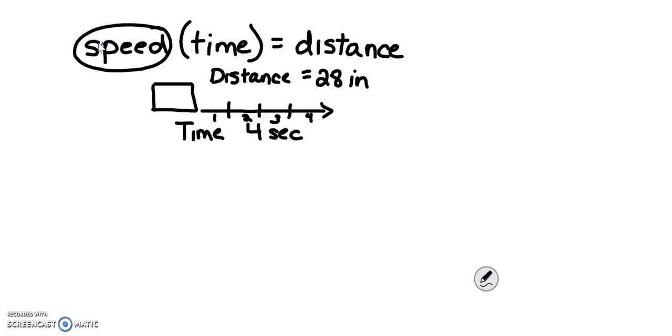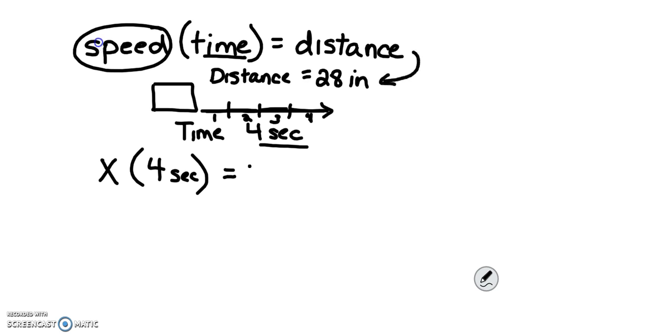So when we write the equation, we're going to write that x, which is the speed we don't know, and we're going to multiply that by the time. In this problem, the time is 4 seconds. And we know that if this train keeps going forward at whatever speed it's going for 4 seconds, that it's going to travel a distance of 28 inches.